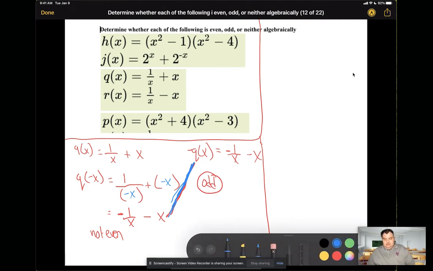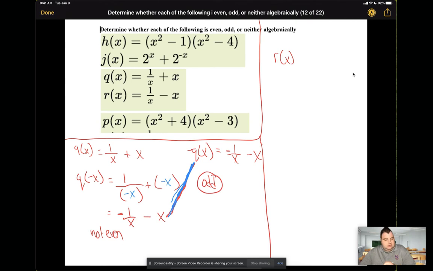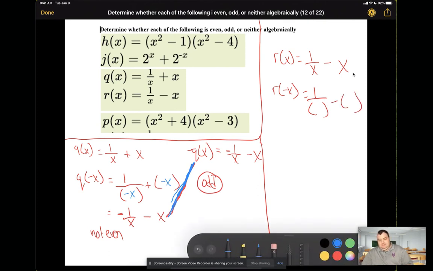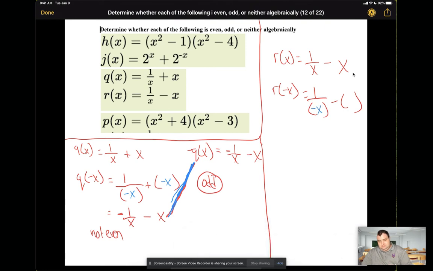Okay, let's go and look at r of x. So r of x equals 1 over x minus x. I'm first going to look at r of negative x. Again, that means replace x with negative x and simplify.